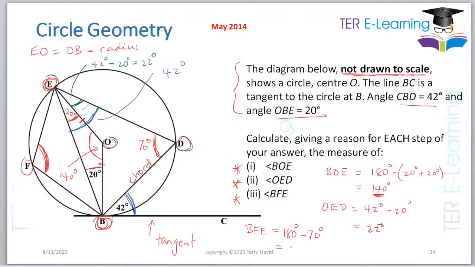So you're going to get 110 degrees. I think somebody said 110. Yeah, so the angle is 110 degrees. So all I did, I applied two rules to work that out. I applied the rule that says the angle at the center is twice the angle at the circumference. I also used that the opposite angles in a cyclic quadrilateral are supplementary.